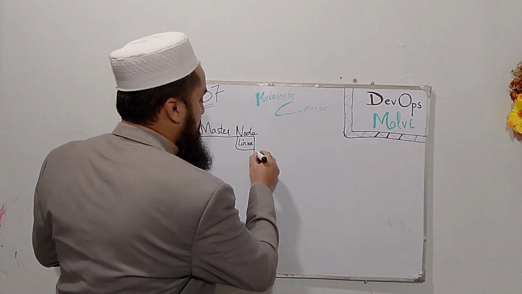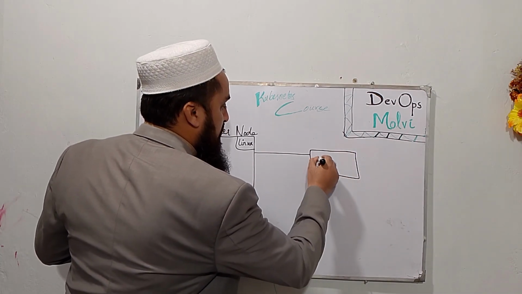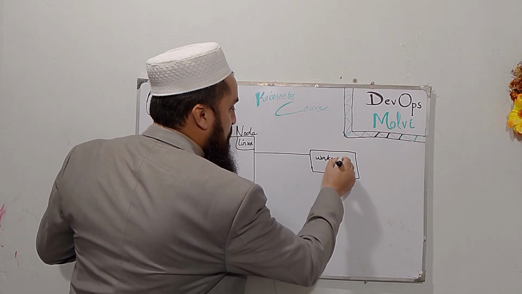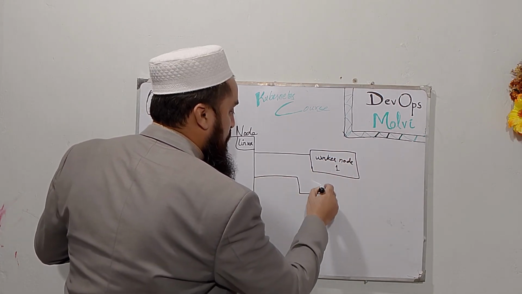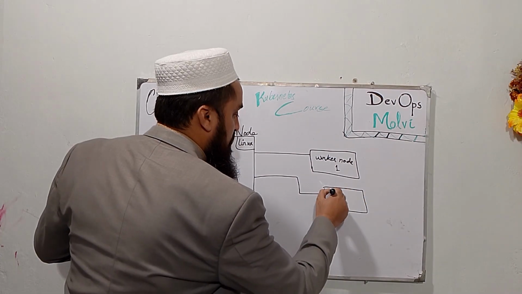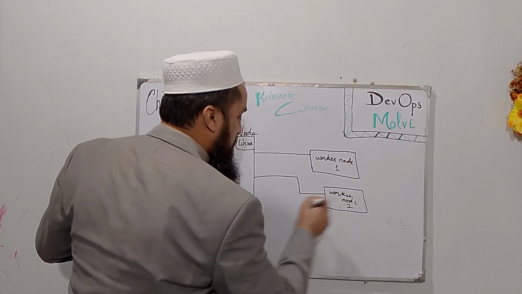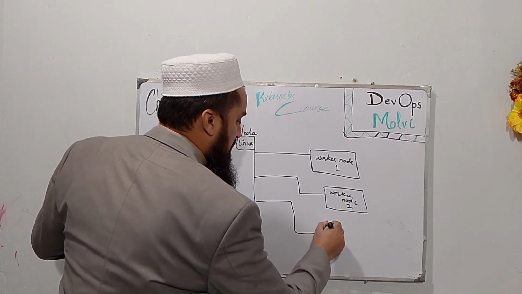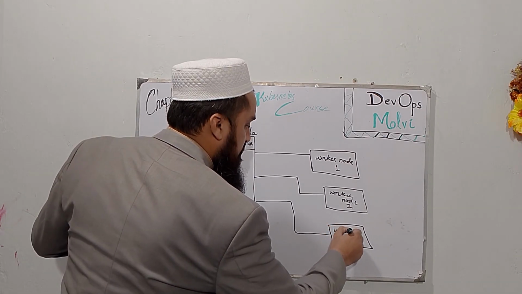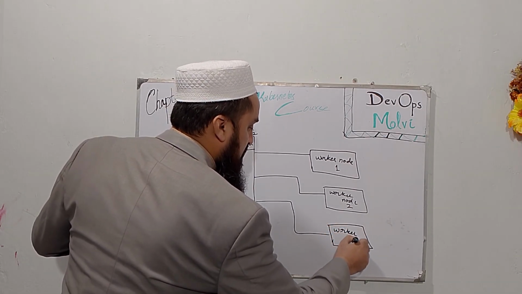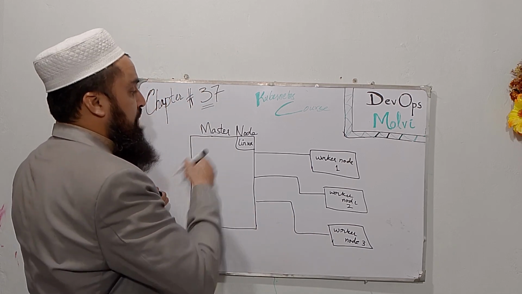So this would be my first worker node, worker node 1, and that would be my worker node 2, and this would be my worker node 3. So in this simple way, that is actually my cluster.